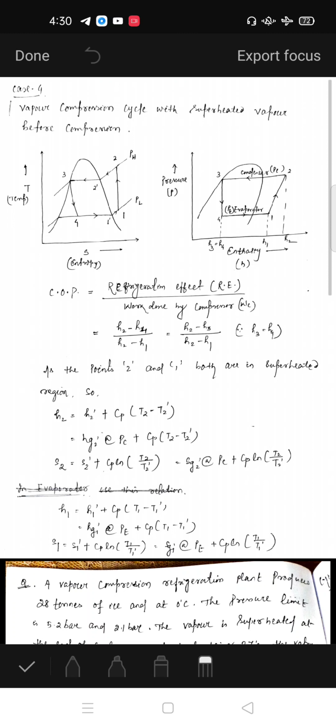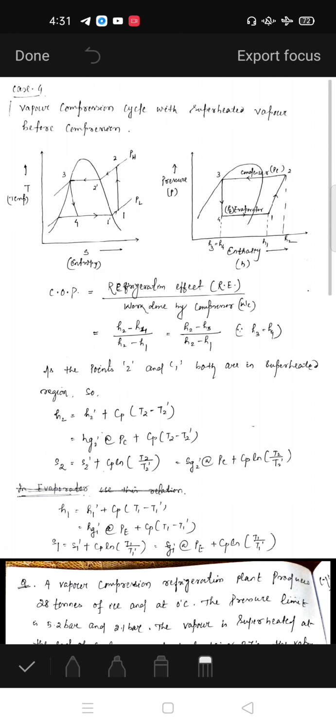As it is a constant enthalpy process, process 3 to 4 in the pH chart will look like a simple line perpendicular to the enthalpy axis, and process 4 to 1 is your constant pressure heat absorption in the evaporator. Simultaneously we can draw the 4 to 1 process in the pH chart.